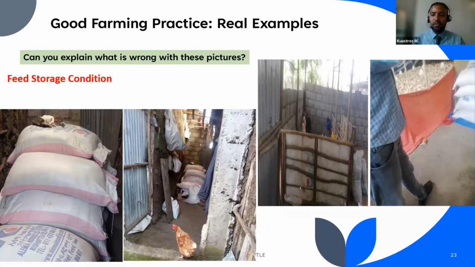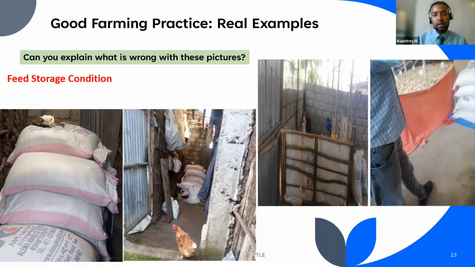You know, the feed is not kept in a proper way. Sometimes the animals, the birds and the feed are kept together. So this is really one of the bad examples that shows good farming practice is not really well practiced in most poultry farmers.